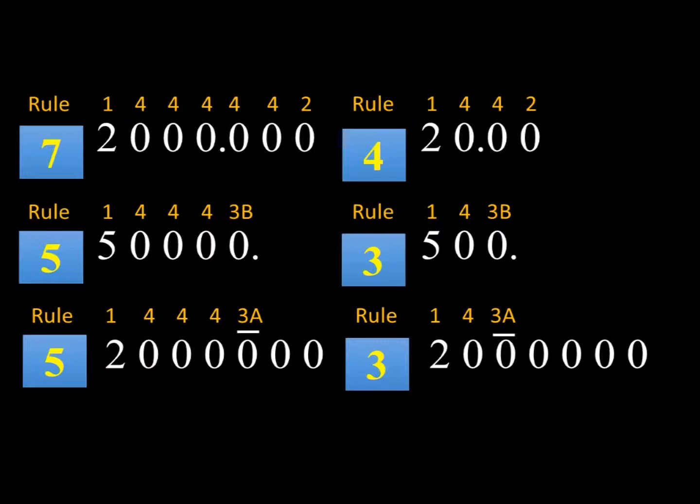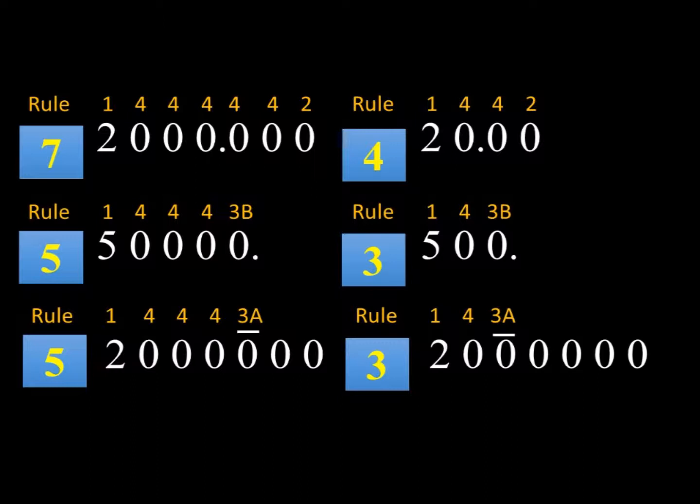20, same basic problem. The 2 and the last 0, and then everything in between. Middle left, 50,000. The 0 next to the decimal point is significant. The 5 is significant, everything in between. 500, that 0 is significant, the 5 is significant, and then the 0 in between.